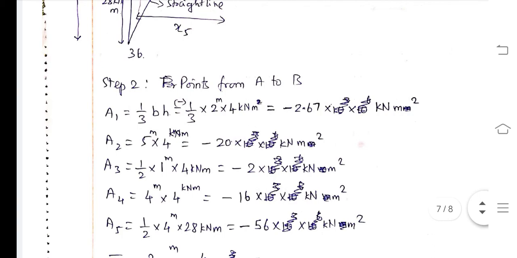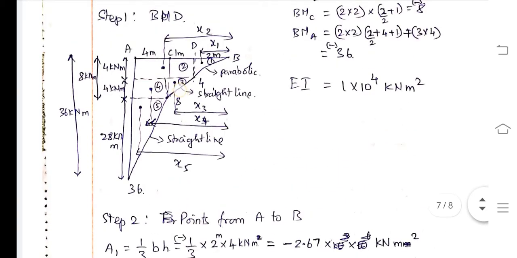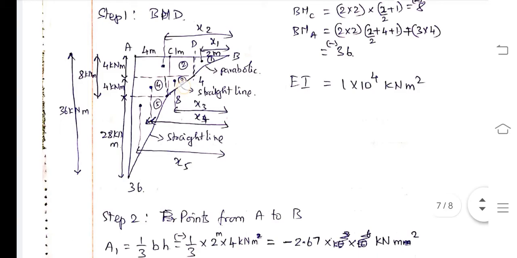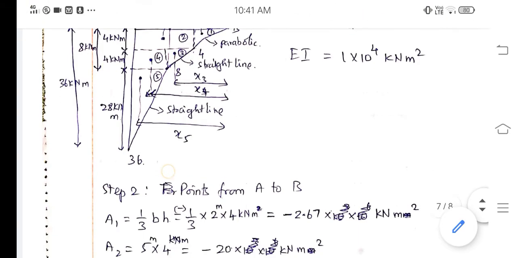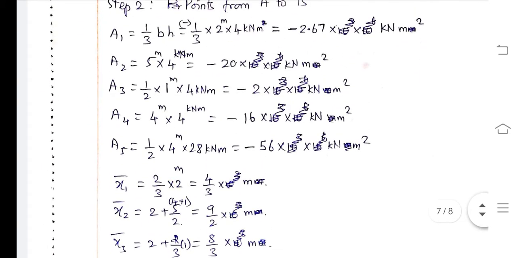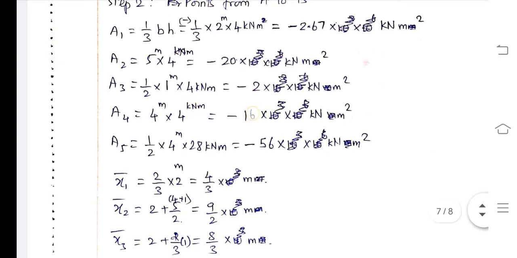Then A3 is a triangle, with base 1 meter and height 4 meters. So half into base 1 meter into 4, which is equal to -2.